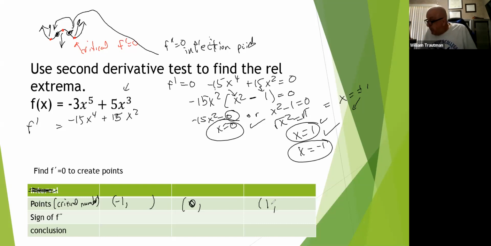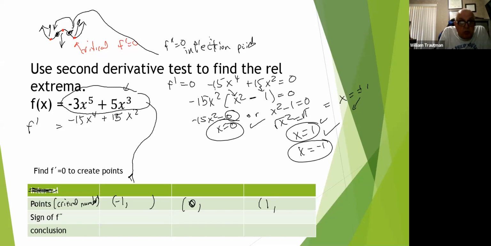Now, when you plug -1 into the original problem, this is our point. What does y equal? Plug a -1 in here. In the original problem, I get 3 minus 5, I get a -2.